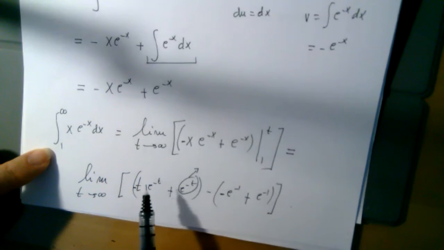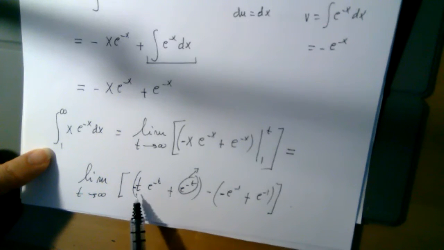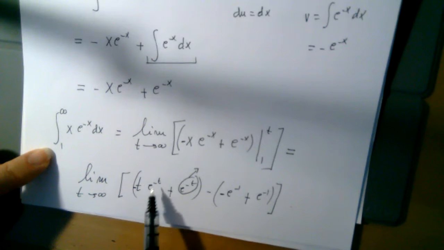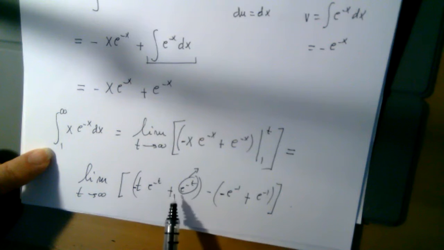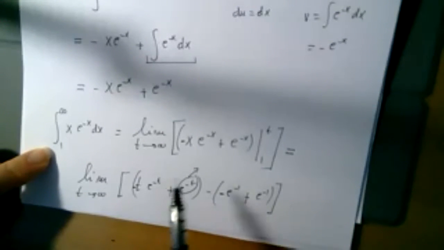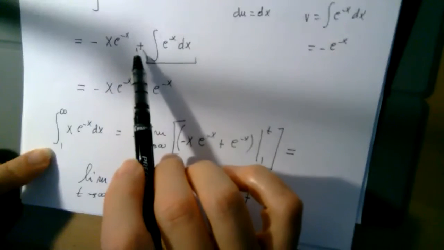Anybody find a mistake? I had negative t e to the negative t minus e to the negative t. That's the only difference I see.